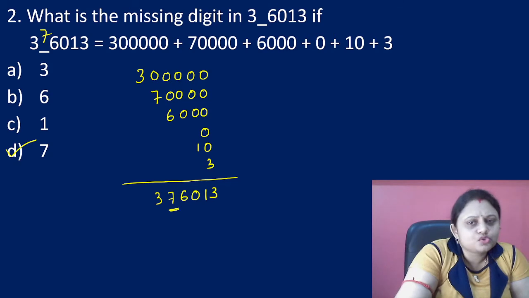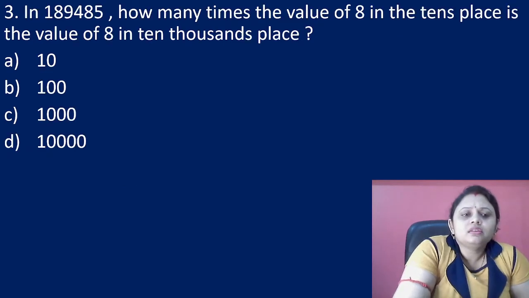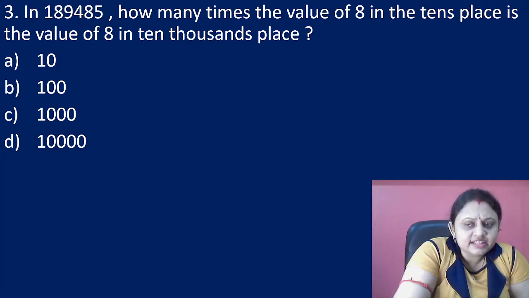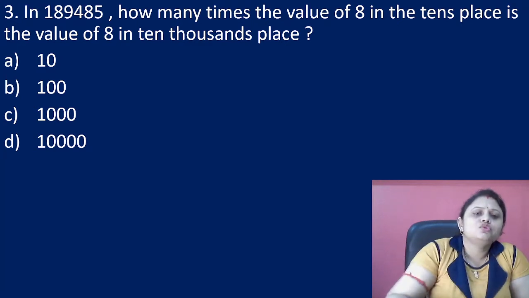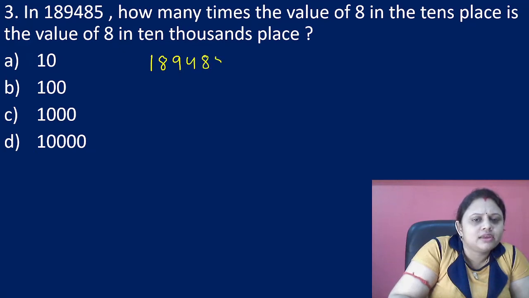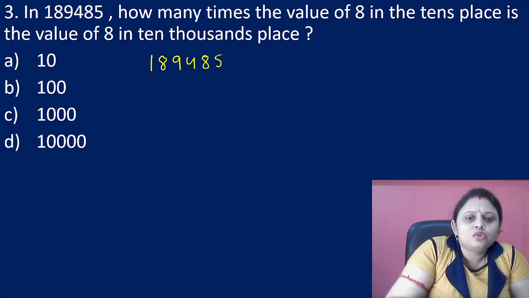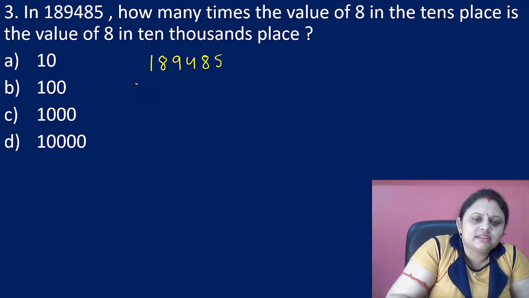Then next question. In this number, how many times the value of 8 in the tens place is the value of 8 in the 10,000 place? Let's write the number 1894885. What is asked? Value of 8 in tens place.